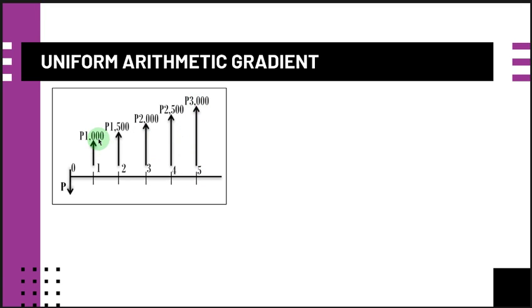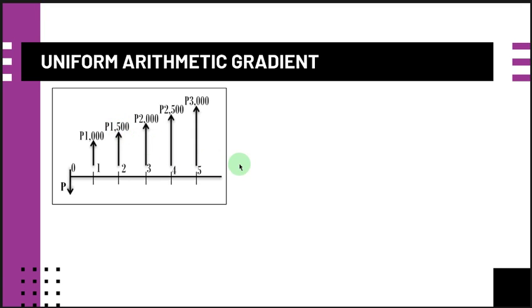So as you can observe, there are no uniform annual payments based on this cash flow diagram, since each year after the first year the maintenance fee is increasing by an amount of 500 pesos.